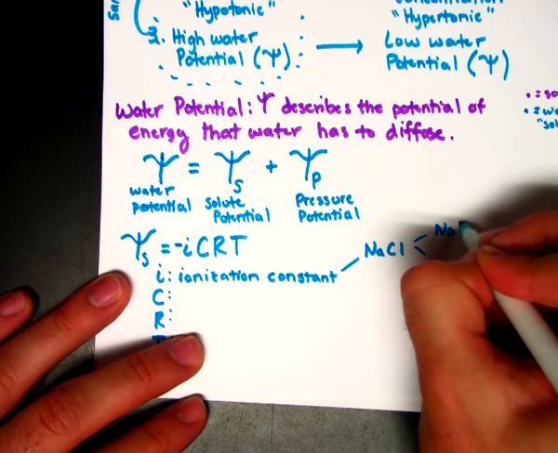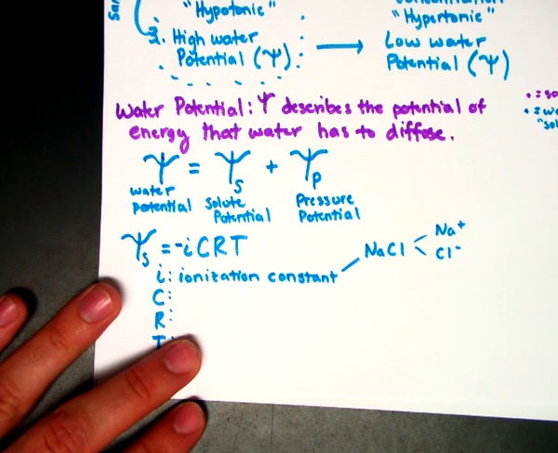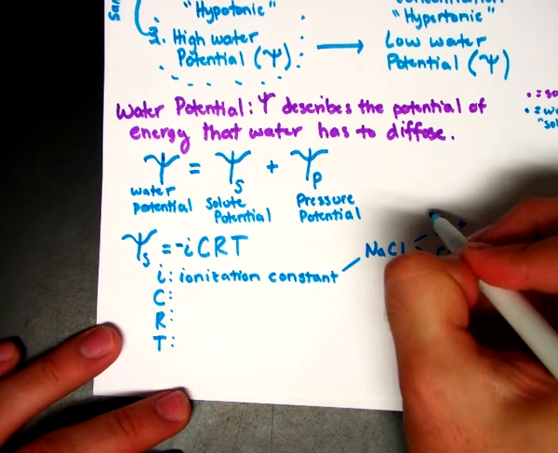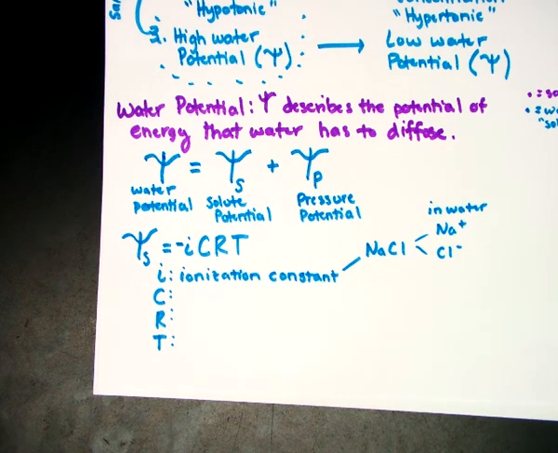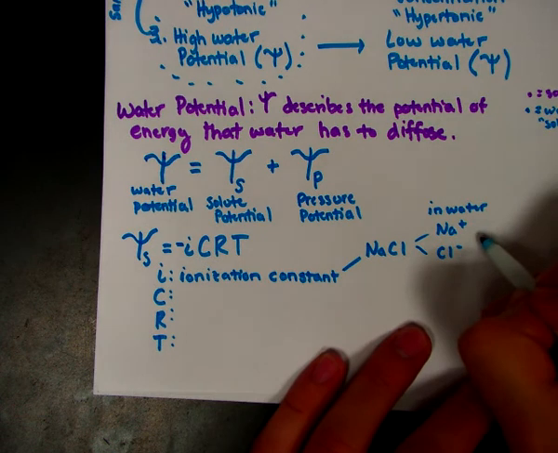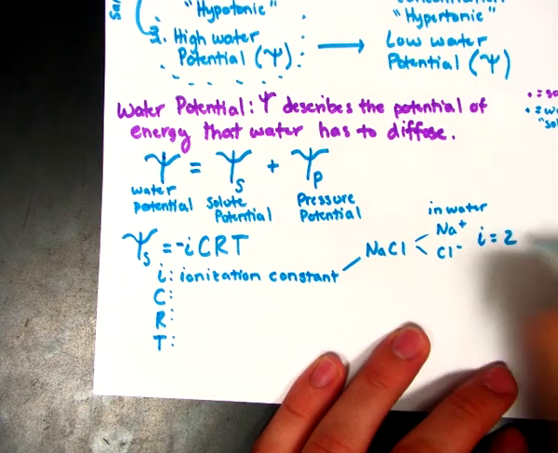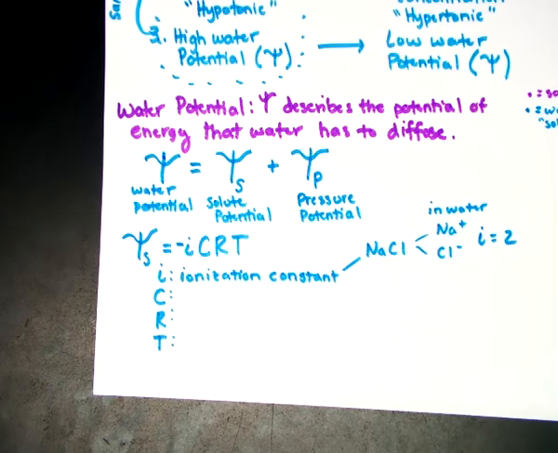So when sodium chloride is the solute, the ionization constant is 2, because we have 2 ions that come about when you dissolve it into water. Typically, you're going to see either an I value of 2 or an I value of 1.